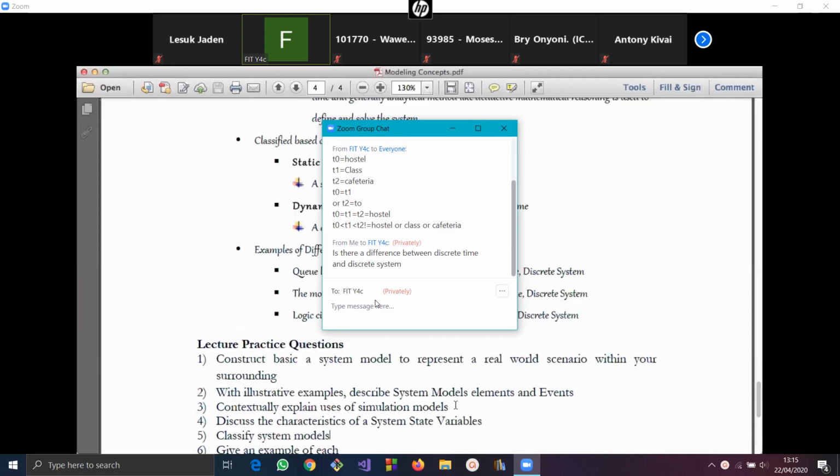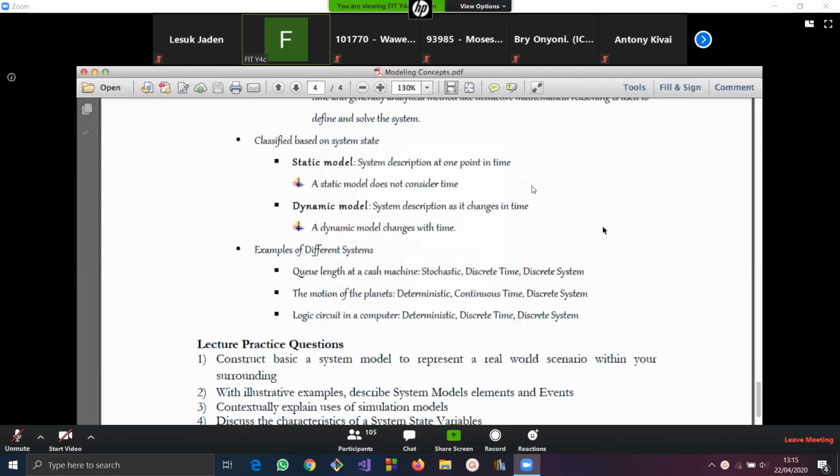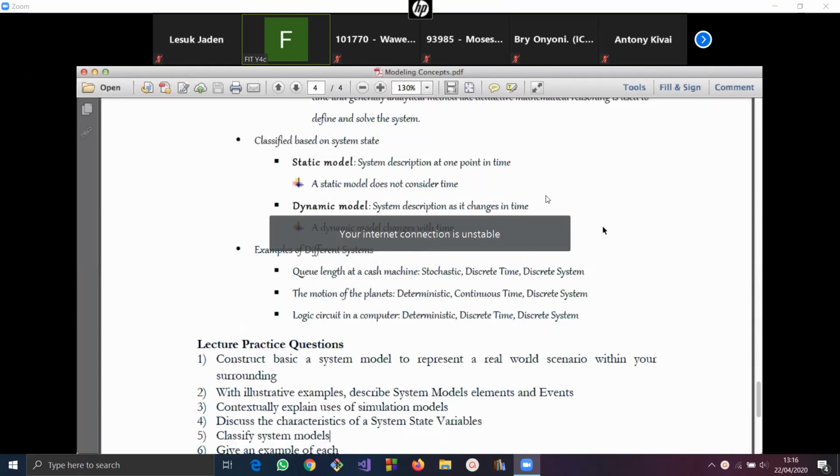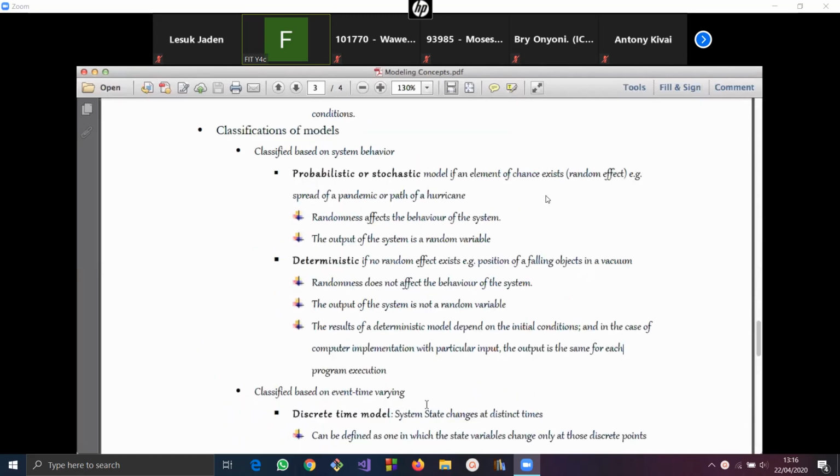So there are these questions here to have a reflection. Is there a difference between discrete system and discrete time? The answer is no. It is the same, and you can see from the notes up here.